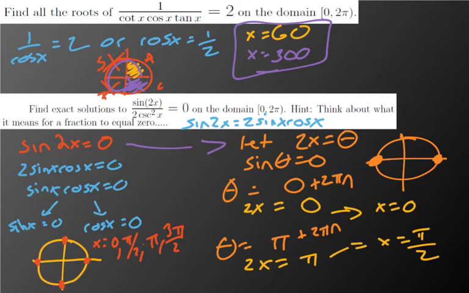And so, if you divide by 2, 0 divided by 2 is still 0, but then 2 pi n divided by 2 would be plus pi n. And so that's how we get 0 and pi. And then in this one, pi divided by 2 is pi divided by 2, but then 2 pi n divided by 2 is pi n.